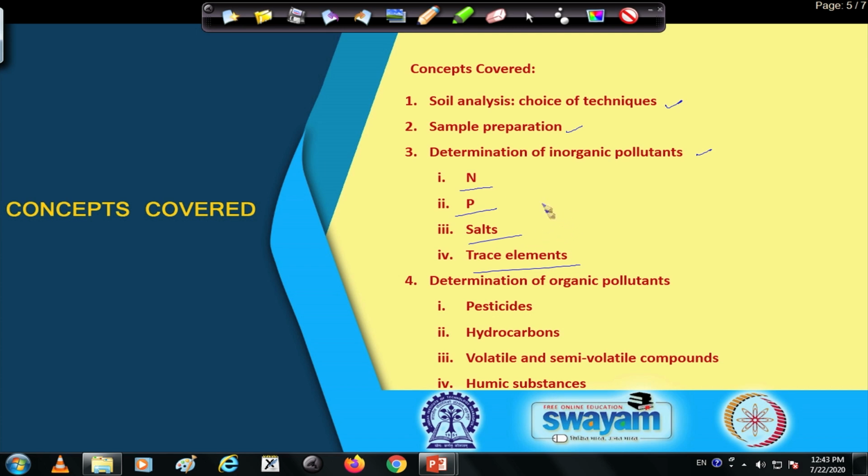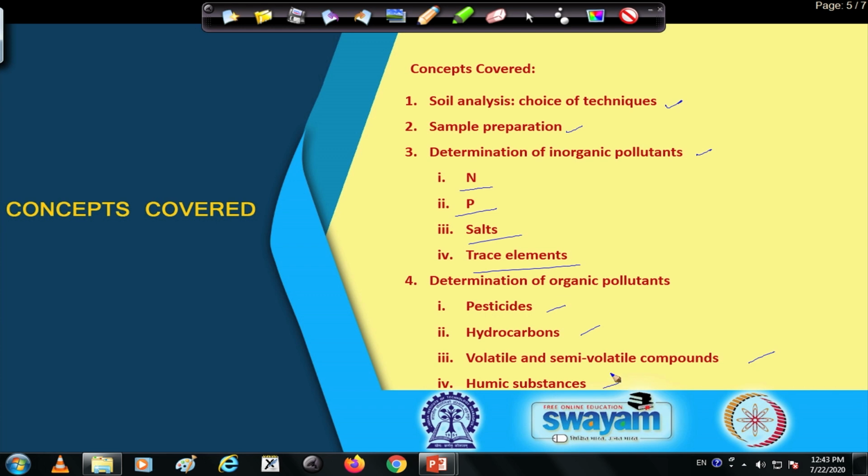So, we are going to cover all these, and then once we have covered the determination of inorganic pollutants, we are going to cover the determination of organic pollutants like pesticides, then hydrocarbons, then volatile and semi-volatile compounds and humic substances.